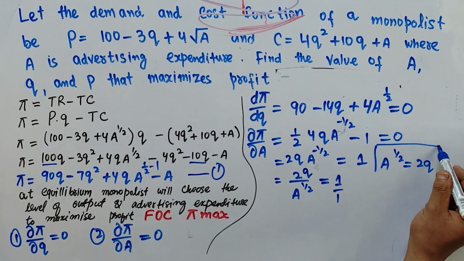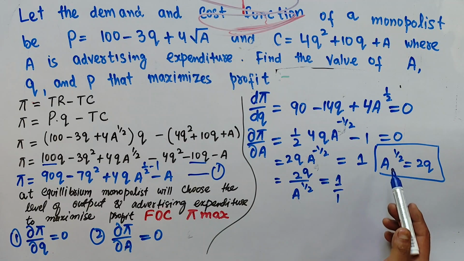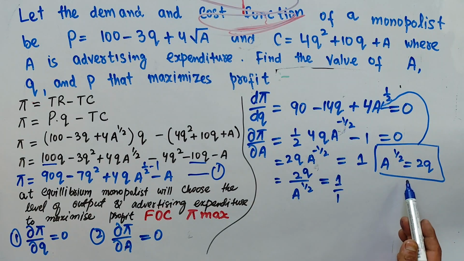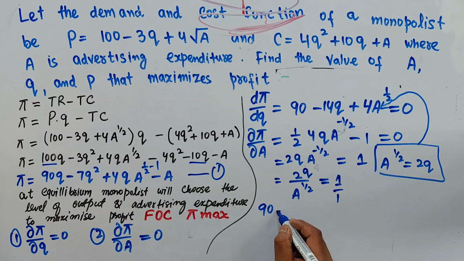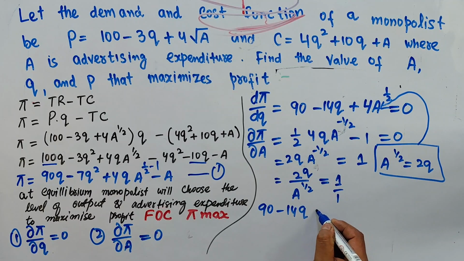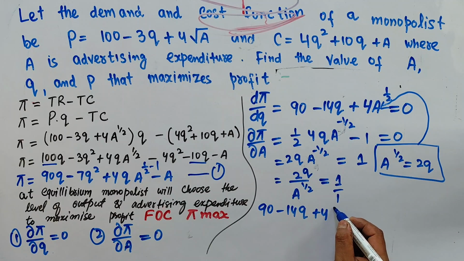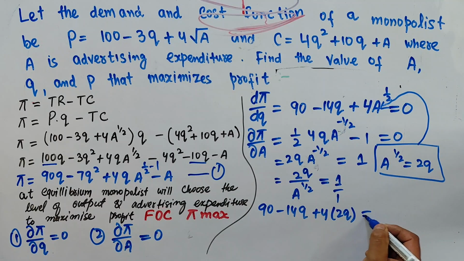Okay, now we plug the value of a raised power 1 upon 2 in this equation. So in place of a raised power 1 upon 2, we write 2q in this equation. So we have 90 minus 14q plus 4, in place of a raised power 1 upon 2, we write 2q, and we set it equal to 0.